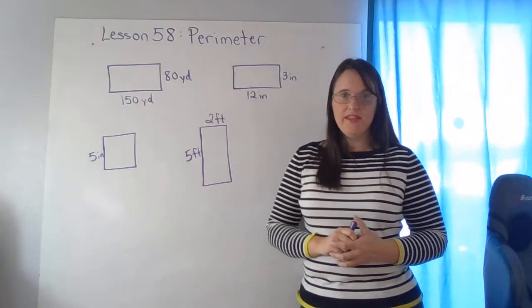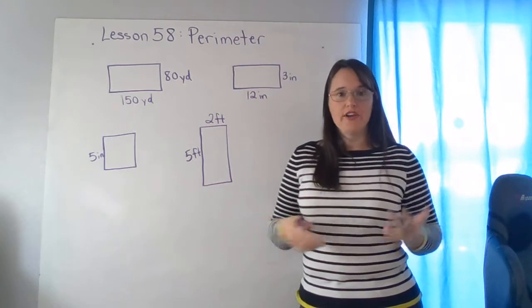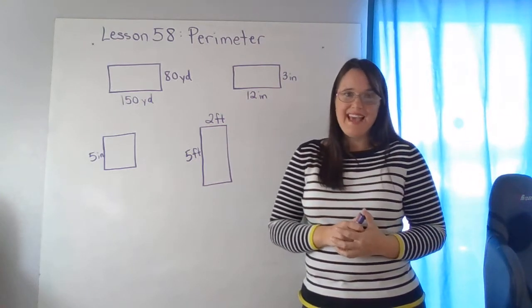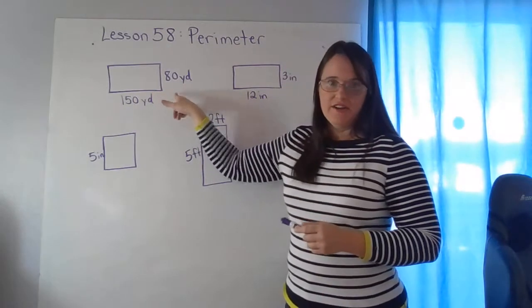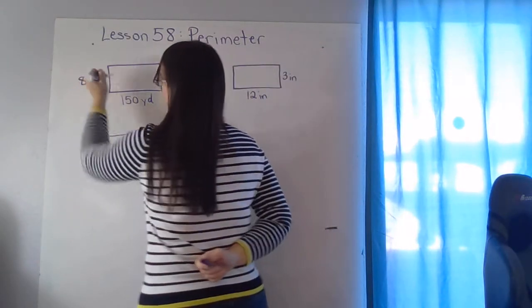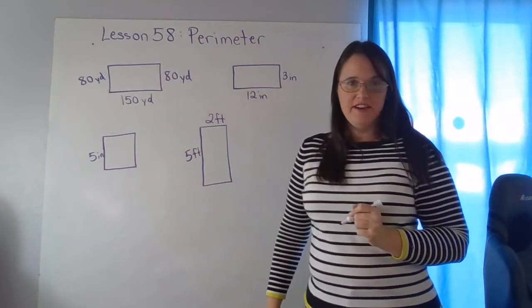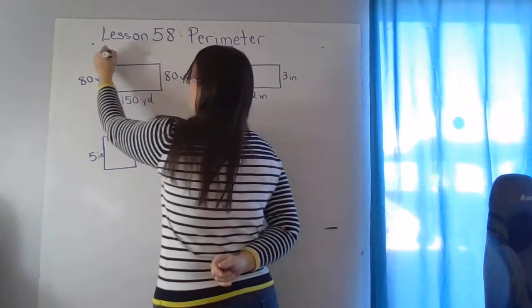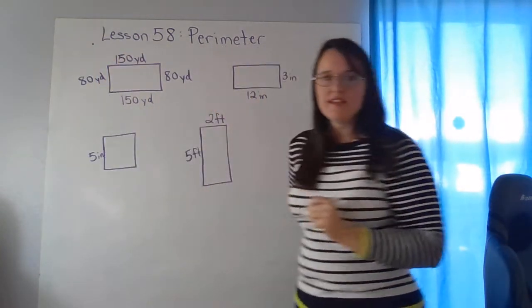I know that the opposite sides of a rectangle are congruent, which means they have the same measure. So if this is 80 yards, I know that this is also 80 yards. If this is 150 yards, I know that this is also 150 yards.